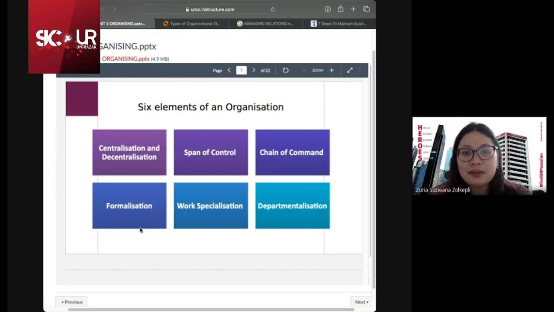And lastly is departmentalization. This is what we are going to take a look at later. The types of department, or the types of structure, that are commonly used in organizations. I think most of you, all of you are working adults, so you know your own department, right?